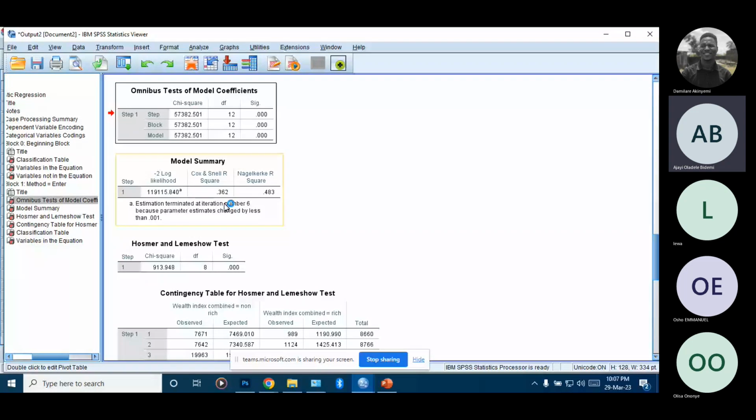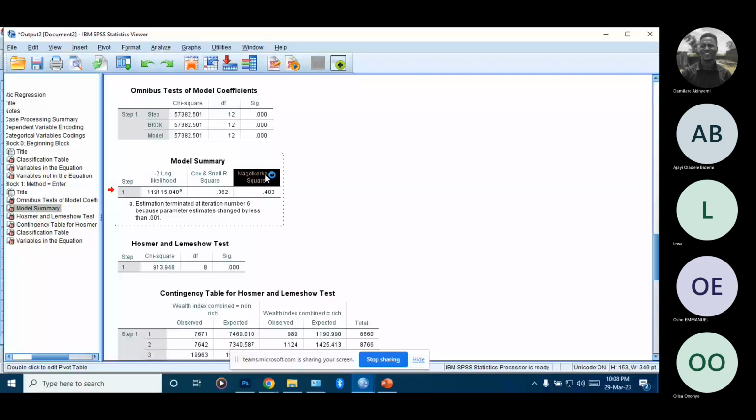This second one is the adjusted Cox and Snell R square, so it is a better R square than the Cox and Snell. These R squares are just pseudo R squares. They are like the R square in our ordinary least squares regression; they are equivalent and can be used like the R square in OLS regression.